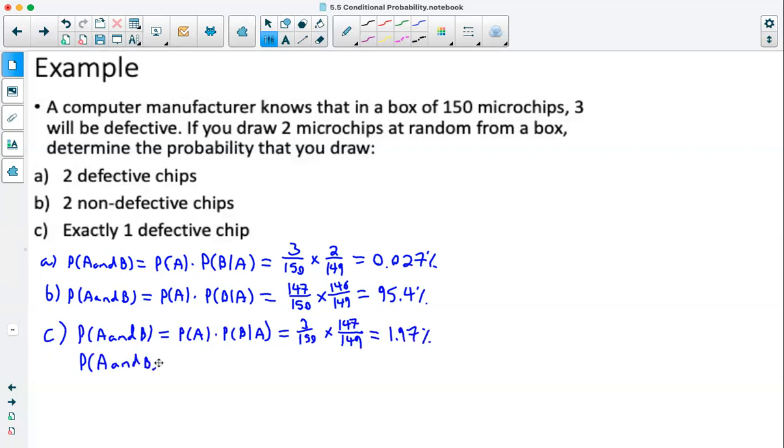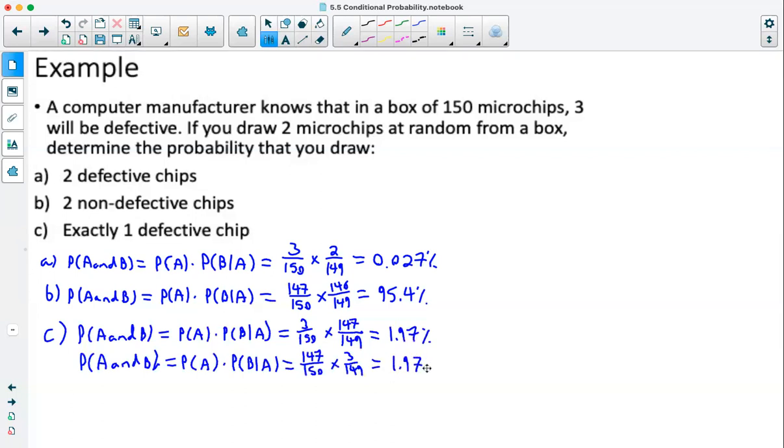Now, the second part of it is if the first one we pull does work, but the second one does not. So if the first one works, then we're selecting one out of 147 that does work, times selecting one of 3 defective out of 149 chips that does not work.